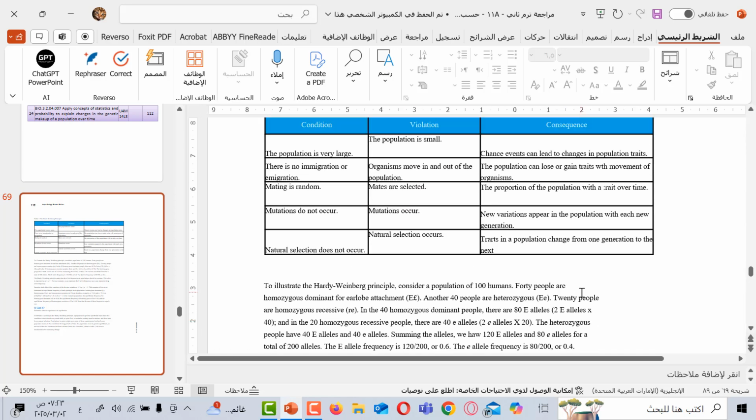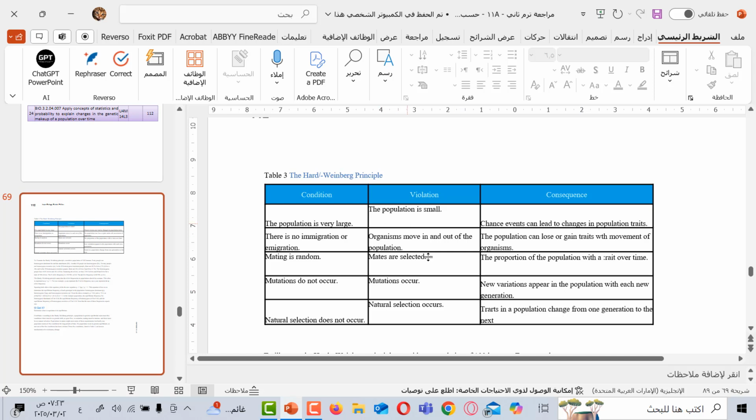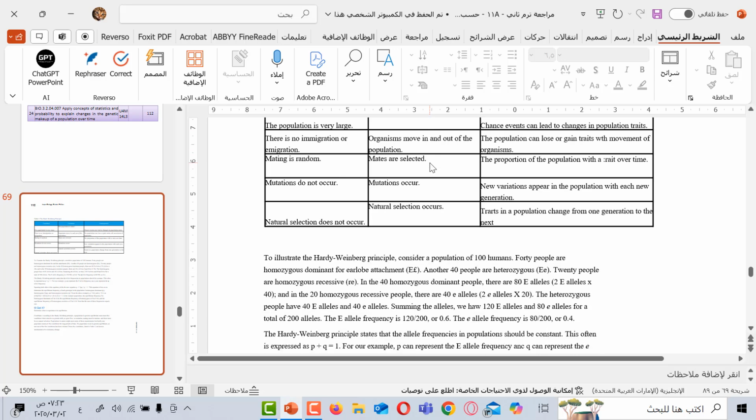You must study this table well. If these five conditions happen, the Hardy-Weinberg principle will hold, and the population will be balanced.